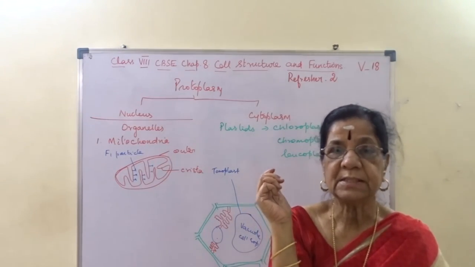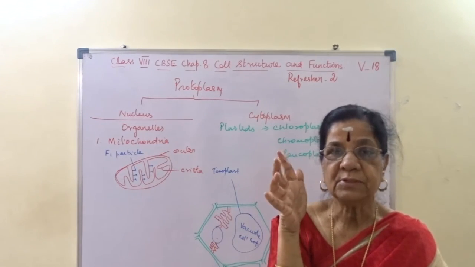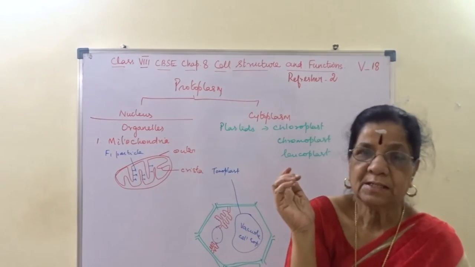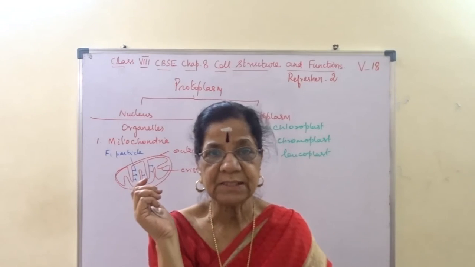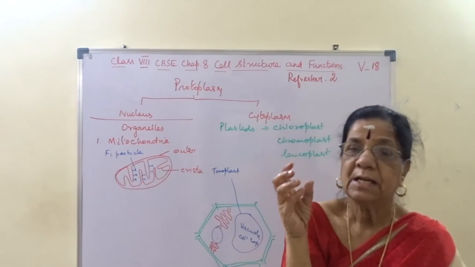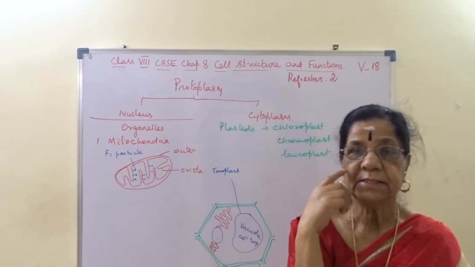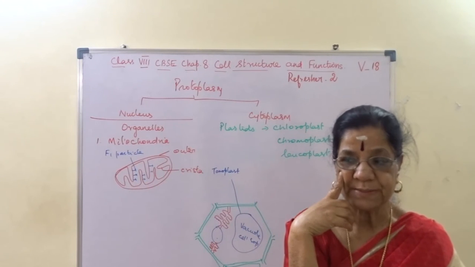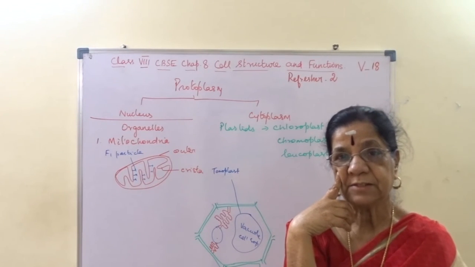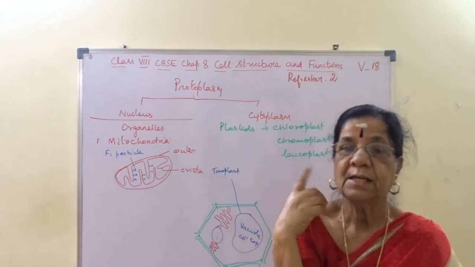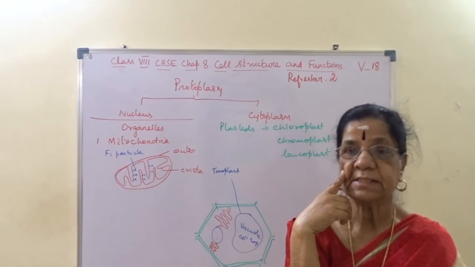These pigments are present in flowers, the different colored flowers we have seen, and in fruits also they give coloration, especially the pigments xanthophyll and anthocyanin, and then carotene in carrot.